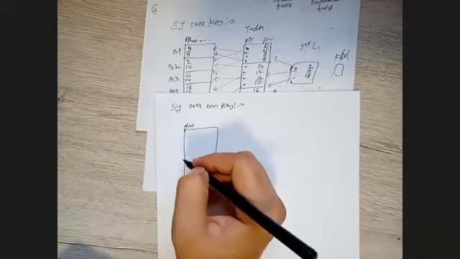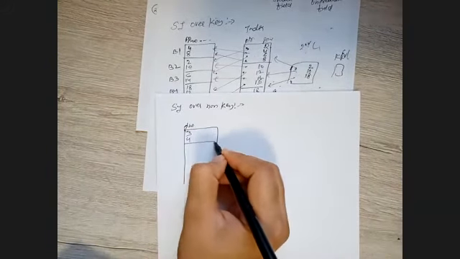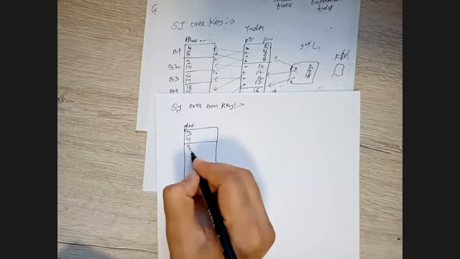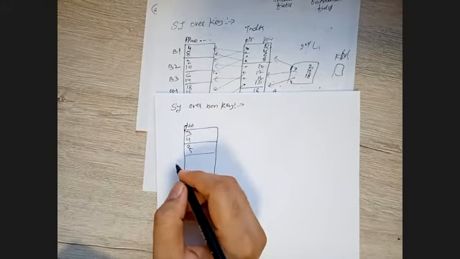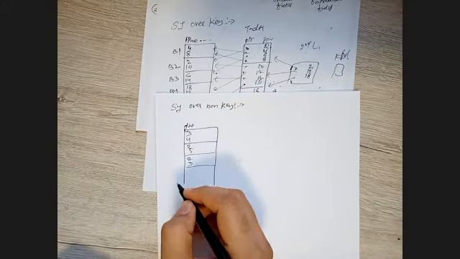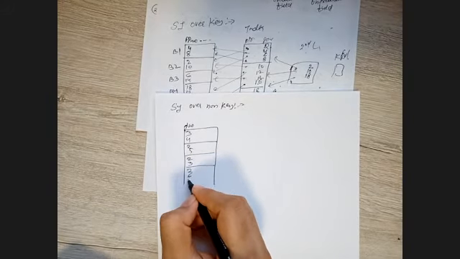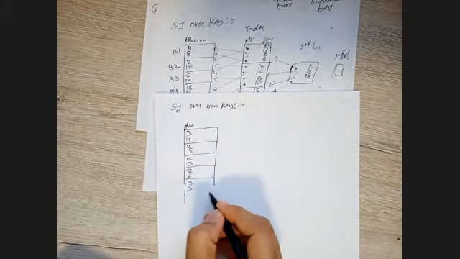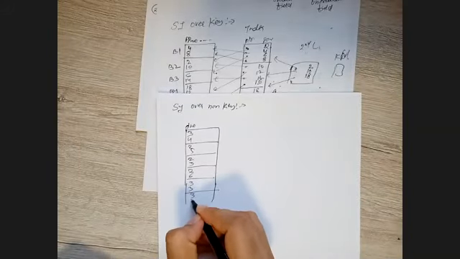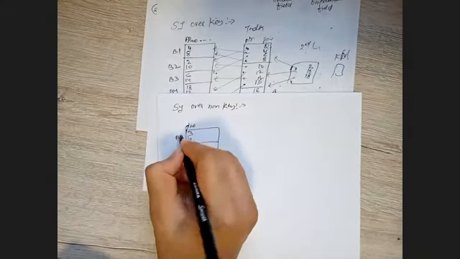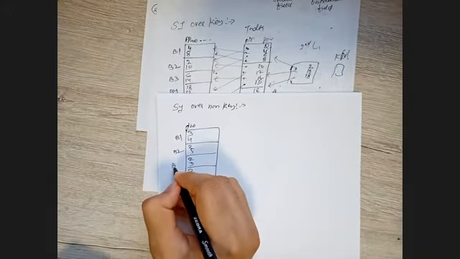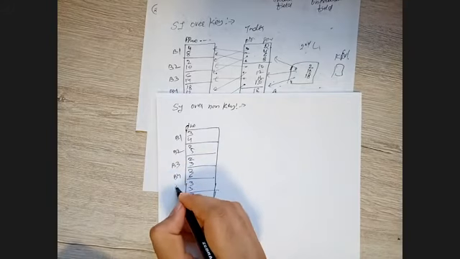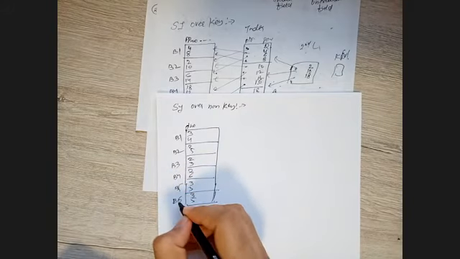This time we have 3, 4, 1 in a block, then 25, 23, 26, 33, and let's say 35, something like this. These six blocks are there.